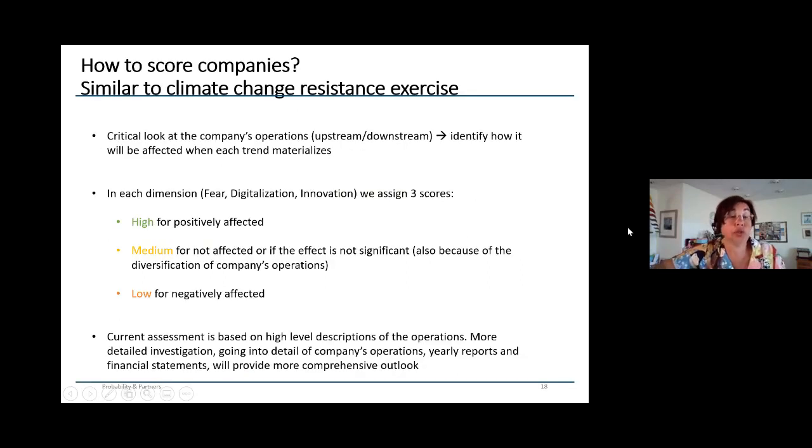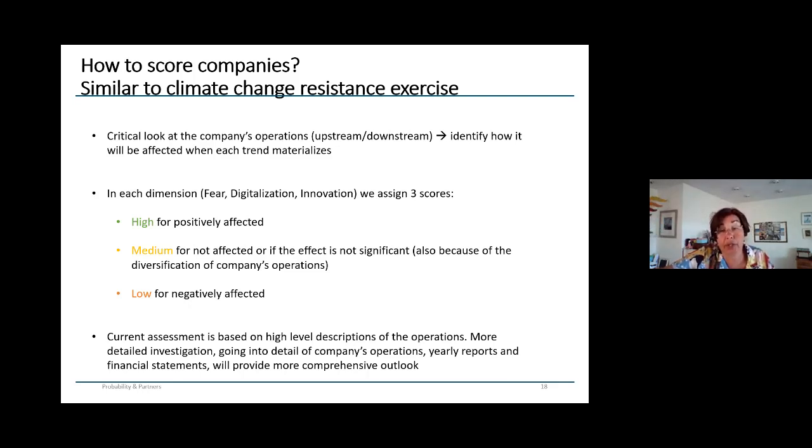So how would you score companies like that? So this is the kind of exercise that we are actively involved with. And it's actually very similar to the analysis that people do in consulting firms, in banks, in investment firms, but also in central banks and regulators, when they assess the impact of climate change on individual investments, so on individual companies.